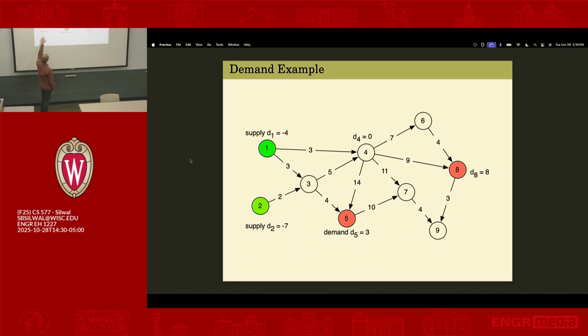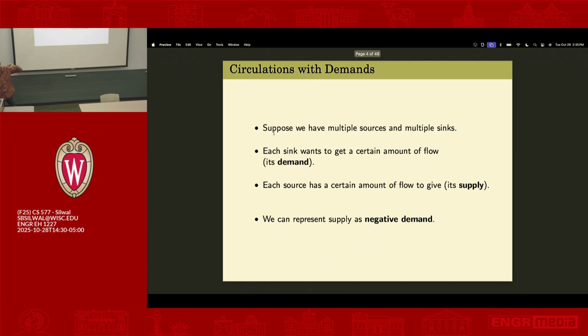The green nodes have supplies. The reason these numbers are negative is that we can think of every node as demanding a certain amount. If something has supply, that's just minus demand. It's a convenient way to talk about everything without having two terms.